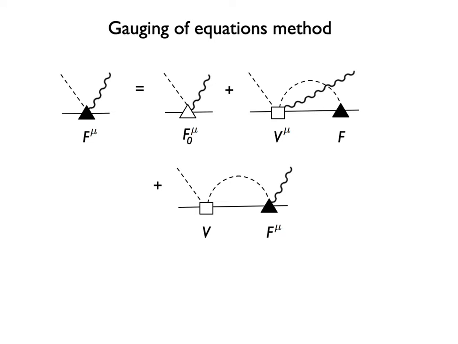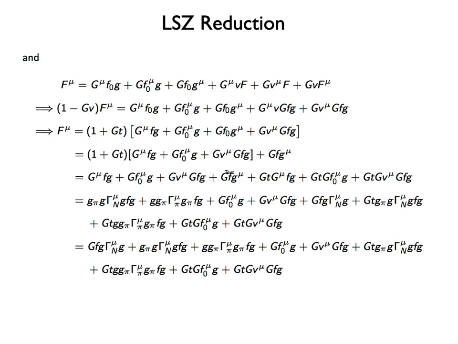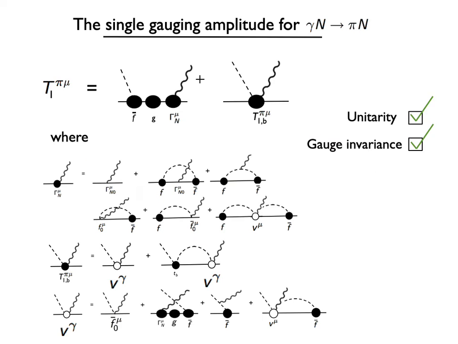Because this expression has a very similar form to the original integral equation for F, solving it turns out to be surprisingly straightforward, and after doing some algebra and solving and rearranging and finally carrying out an arcane procedure called the LSC reduction, we finally arrive at this result which I'll call the single gauging amplitude, or T1 for short.